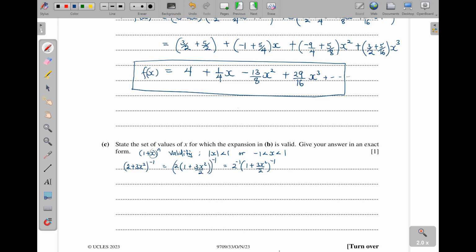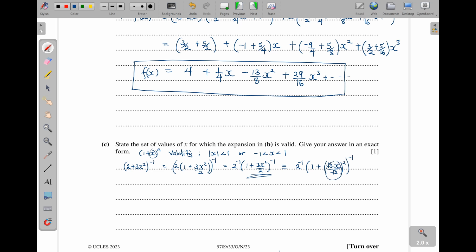So what does this one come from? We are going to have something like this here. This one is the same thing. I can have 1 plus, then this can be root of 3, then x over root of 2 squared, okay?